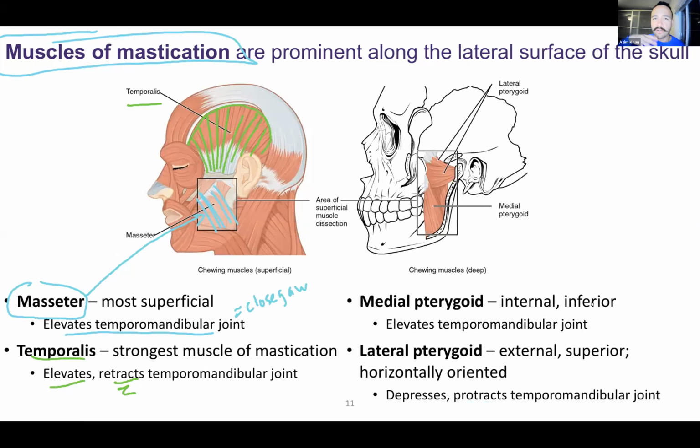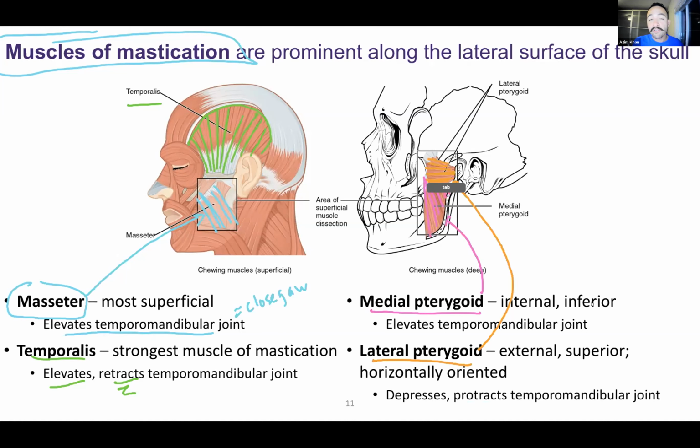When we chew, it's not always just a chop, chop, chop. It's always a grinding and lateral twisting. Not twisting, but grinding. There are two muscles that are deeper to the masseter. These muscles are the medial pterygoid, which is more perpendicular vertical, and then the lateral pterygoid, which is going more horizontal, lateral.